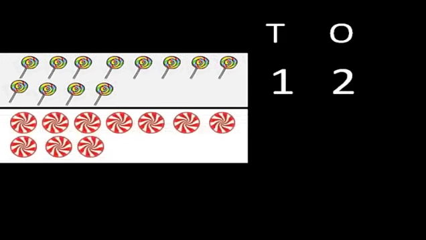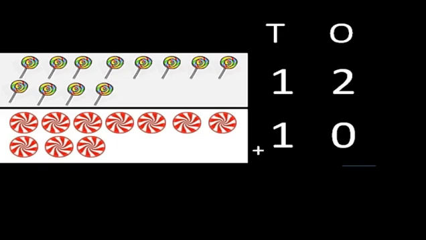Let us consider another example. In the first box, we have 12 lollipops, and in the second box, we have 10 candies. After arranging the given numbers into their respective columns, add the ones column first. 2 plus 0 is 2.